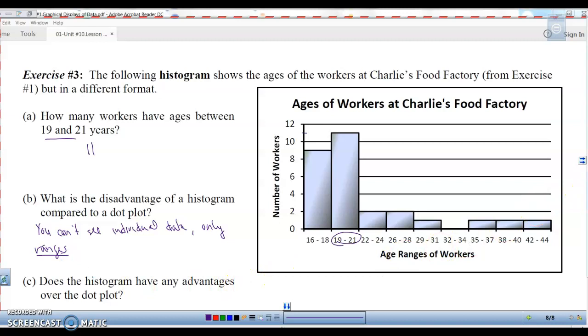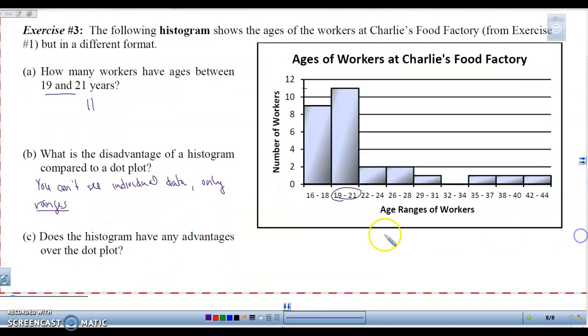Okay, so does the histogram have any advantages over the dot plot? All right, it's easy to see certain ranges. See totals for certain ages, or ranges, I should say. Okay, so if we wanted to say, for example, most of the workers are under 21, would that be true?